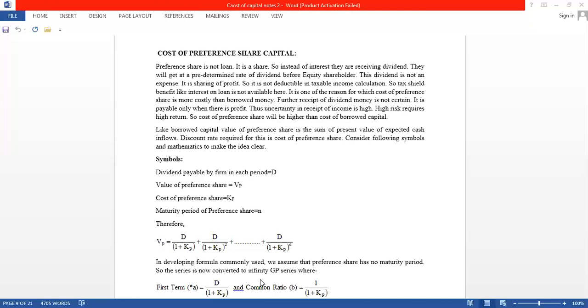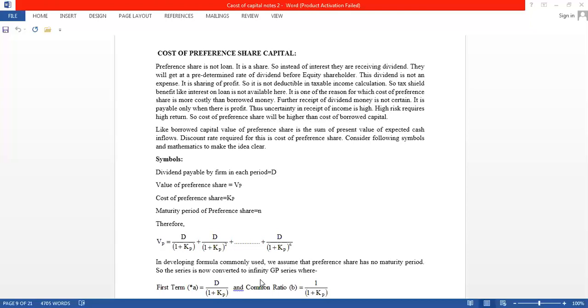Another point you have to remember: in preference share capital, we are paying dividend, which is a part of the profit. So whatever we are paying as dividend, which is a part of the profit, cannot be considered as an eligible expenditure under the Income Tax Act.